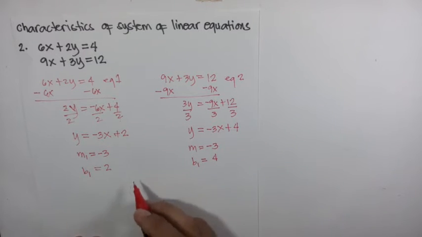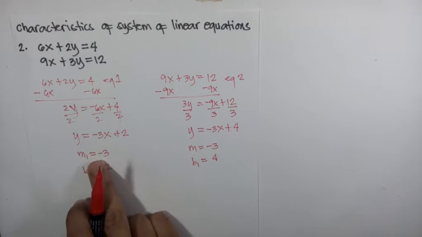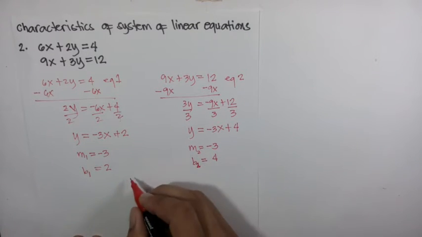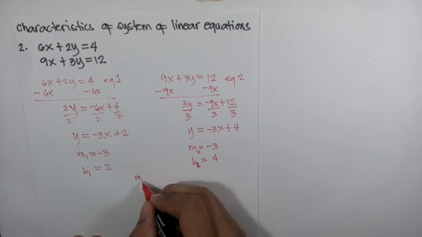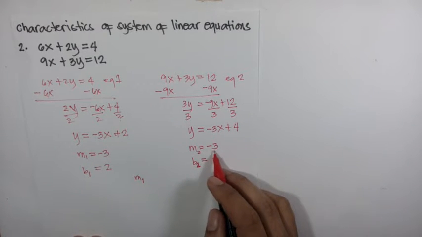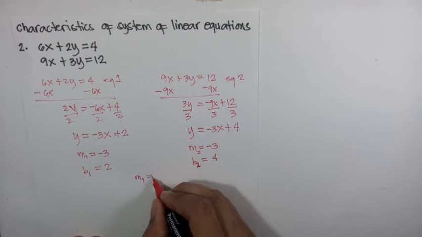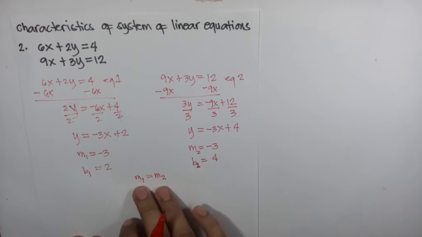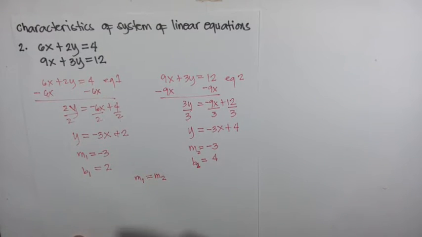As you can see, if we compare the slope of the first equation, negative 3, and the slope of the second equation, negative 3 also, they are equal. If the slopes are equal, it is either coinciding or parallel lines.